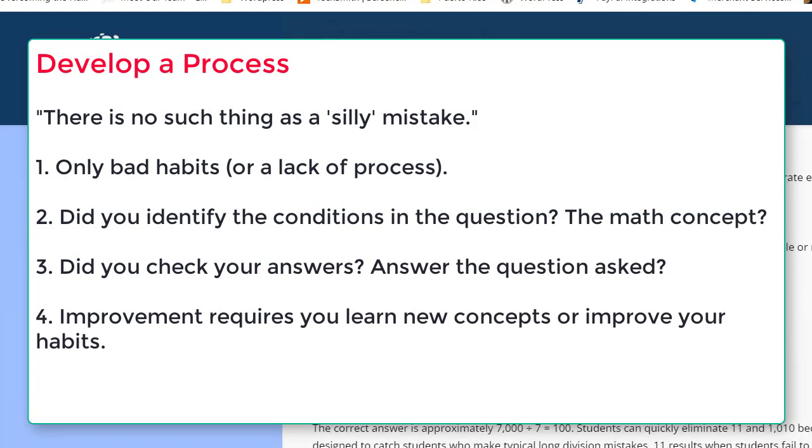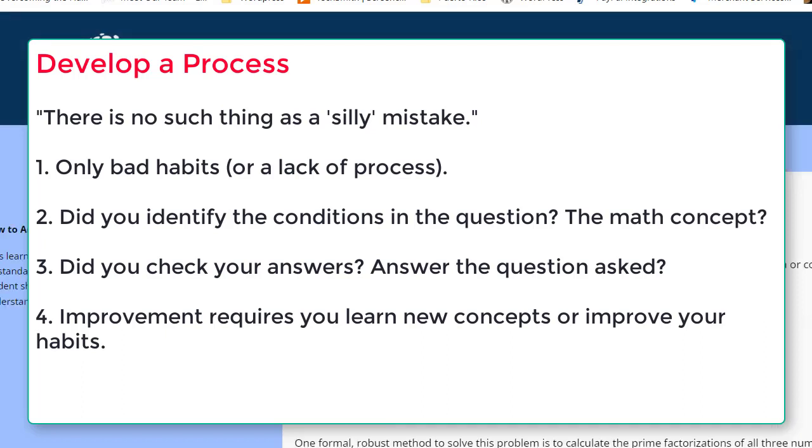I can't tell you how many times I have elite scorers who are years ahead of the concepts covered on the SAT, and they come back and they say, well, why didn't I get an 800 when I sat down to take the test? I only got 600 something or 700. Well, that's because of your habits and your process. In their case, their mistakes are probably at least half or the majority process or silly mistakes.